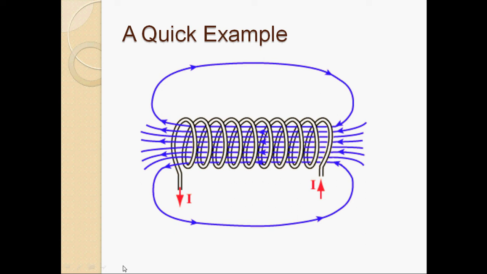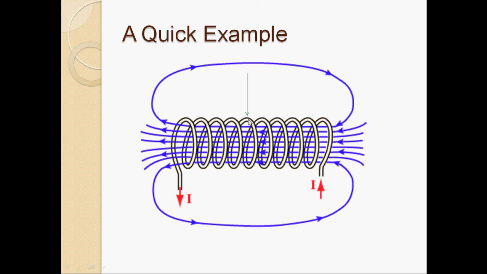Again, our first step is to choose one point on the edge of the solenoid. I'm going to choose this exact little point on the edge of the solenoid right in the middle. At this particular point, either my current is going into the page or it's coming out of the page.